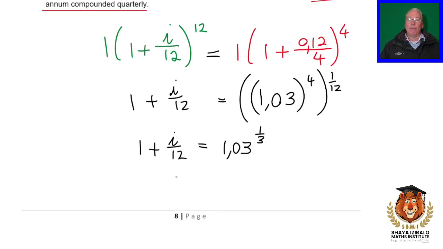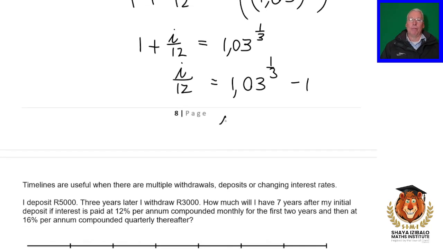We're going to subtract 1 from both sides. And then lastly, we're going to multiply both sides by 12. So we get I equals 12 into 1.03 to the third minus 1. Let's see what that is.